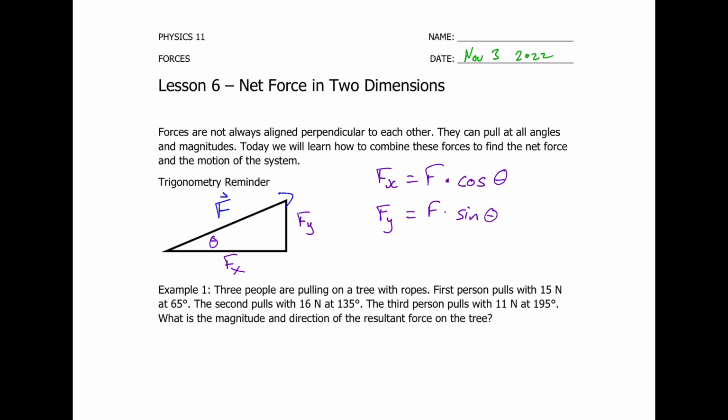Now, this is always true if the angle's here. If the angle goes up here, then these switch. The best way to do that is move the angle, because you guys know how to switch angles, right?